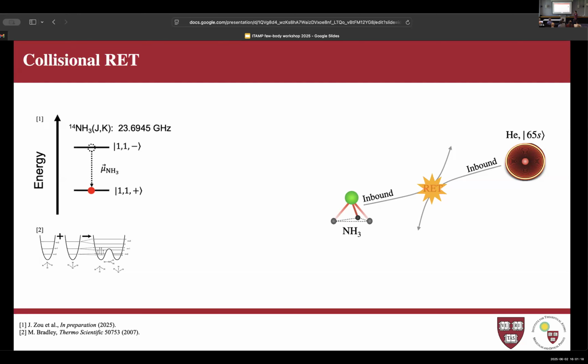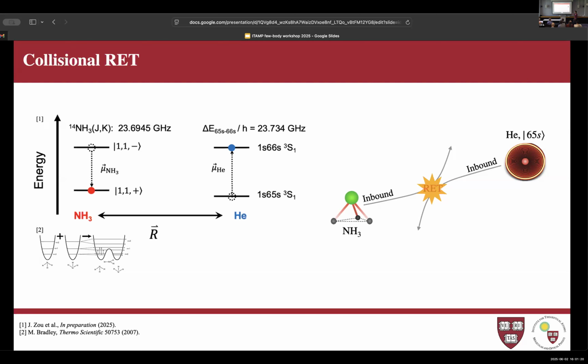Now we're bringing in the helium atom, which comes in at n equals 65. But as you might have noticed, the transition from 65 to 66 is between states that both have L equals 0, so they're both S states. So this is a dipole-disallowed transition, even though the inversion splitting of ammonia has a dipole moment in the molecular frame.